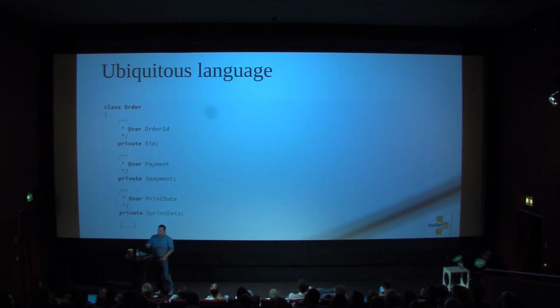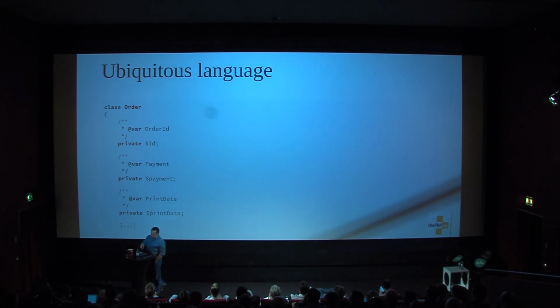Now, ubiquitous language, and this is a very, very small PHP example just to give you an idea. If you use these building blocks, that's an order which is an entity, and those order IDs, payments, print data, that's value objects. And this is kind of an artificial example, similar to stuff that one of my clients does. I really can't show client code, so I'm always coming up with some stuff that looks similar.